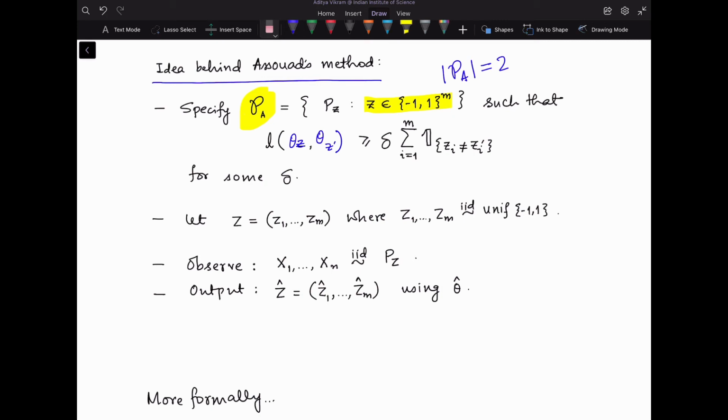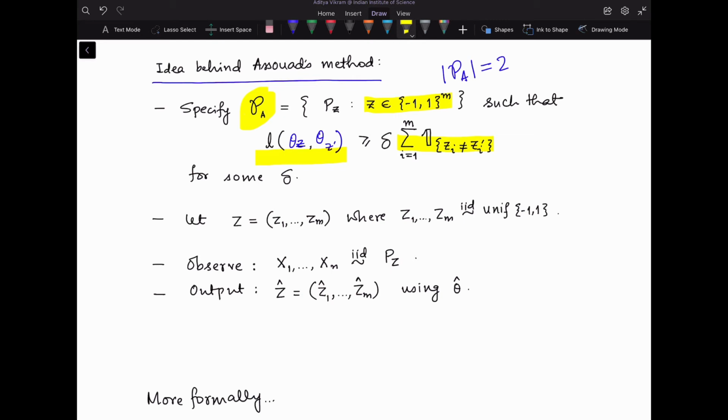Okay, so basically what it means is that if z and z dash are far apart in Hamming distance, right, this is the Hamming distance, so this is the number of coordinates at which z and z dash differ. So if this distance is large, then the loss is also large. Okay, so we'll see how this helps.